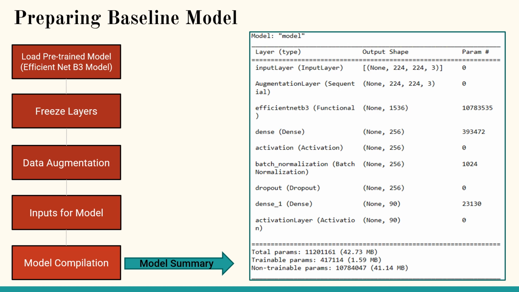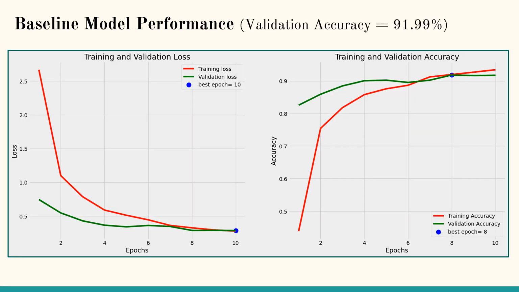This summary is basically the architecture of our model, what our model incorporates. For example, the number of layers, the names of the layers, and how many parameters each layer is using. Now after compiling this model, we got a pretty decent validation accuracy.